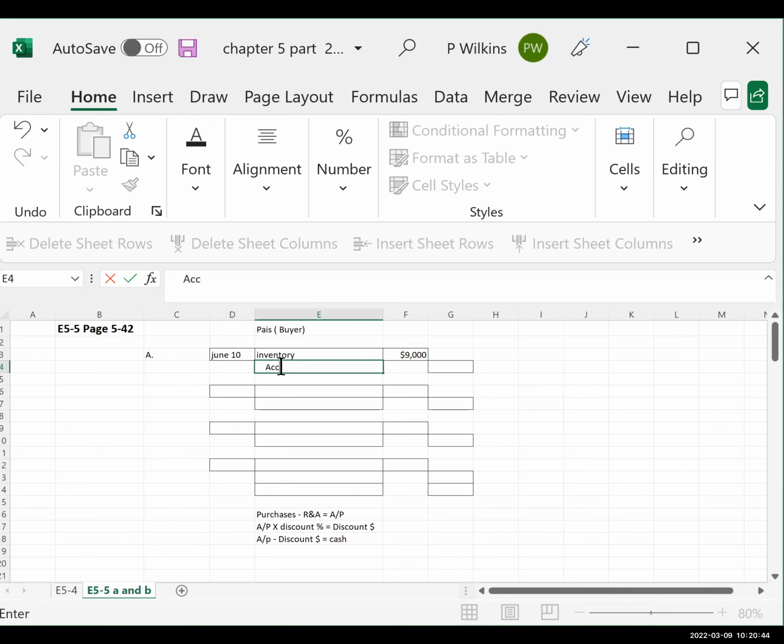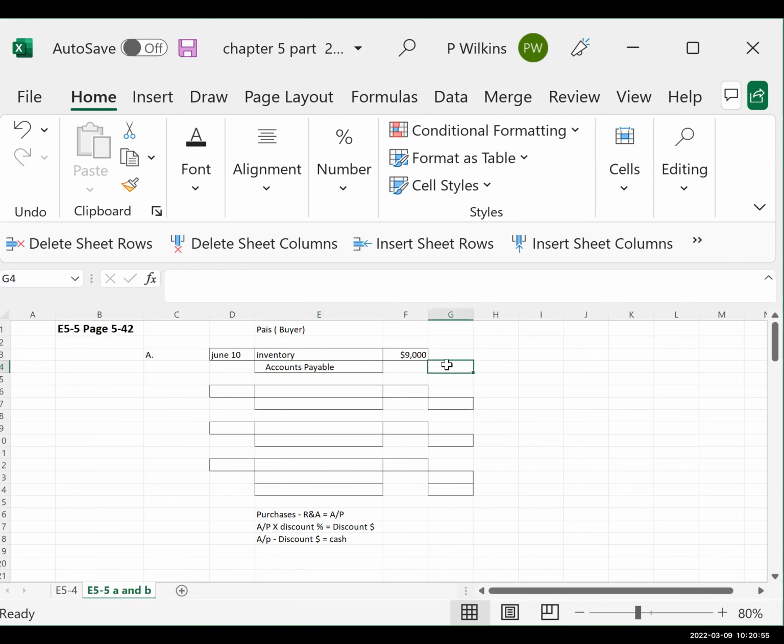We're going to pay it at a later date, and we know that because they listed terms, which is $9,000.